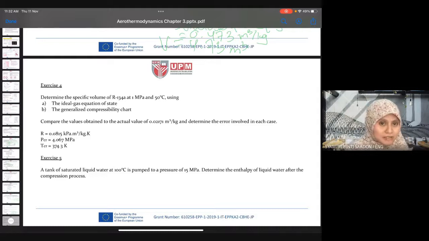I've shared in the WhatsApp group. So ideal gas equation of state, the PV equals RT. So we have R 0.0815 kilopascal from the table.